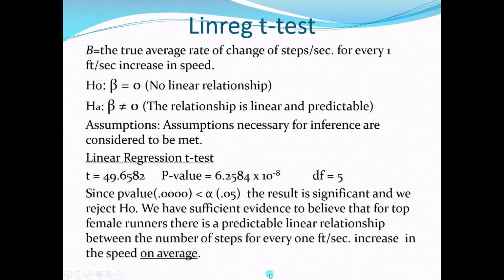So since p is less than alpha, the result is significant, and we reject H0. We have sufficient evidence to believe that for top female runners, there is a predictable linear relationship between the number of steps for every 1 foot per second increase in speed on average. Since we're dealing with slopes, then we can throw in the on average.